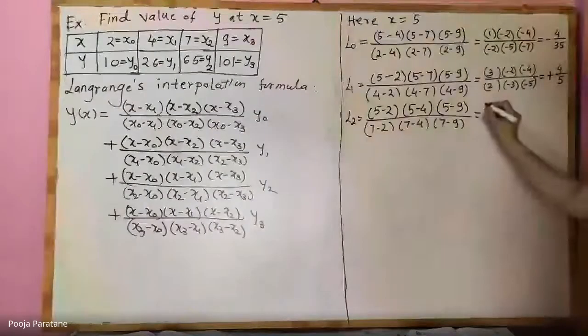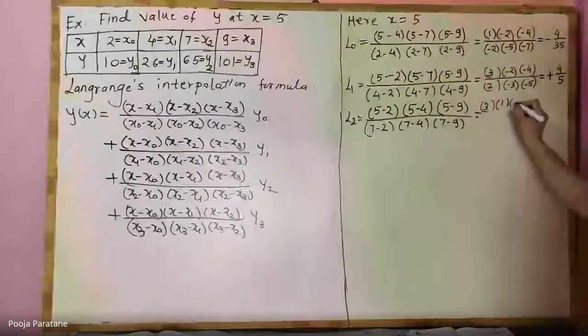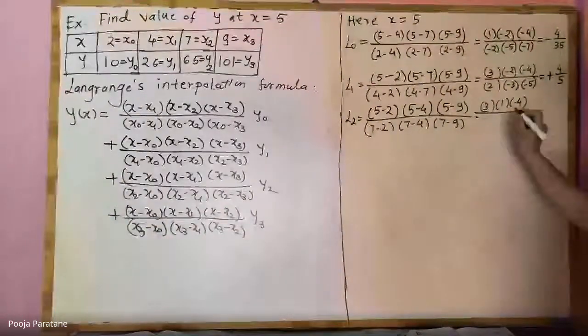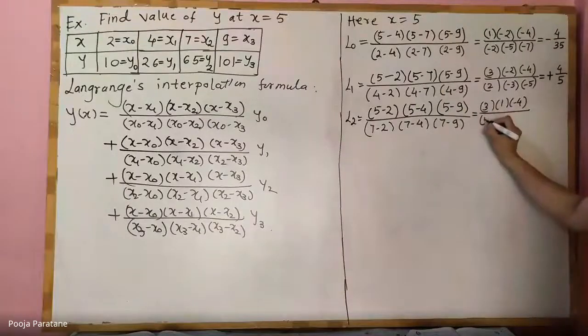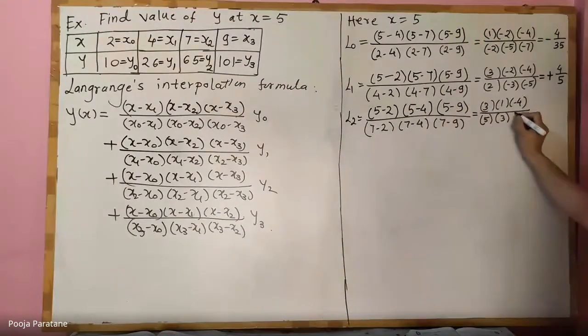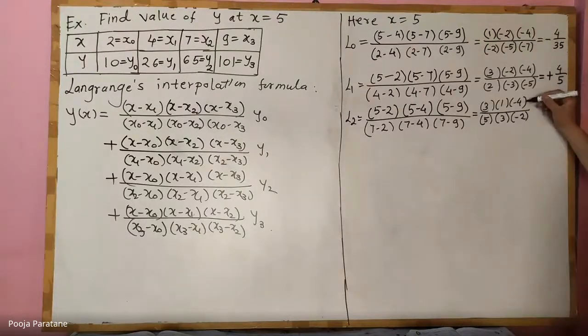So here it is 3, 1, minus 4 upon 5, 3, minus 2. Let us first see the sign again. Here the numerator has a minus sign, the denominator has one negative sign, and the division of minus upon minus is plus. So here 3 and 3 will get cancelled, and 2 2s are 2.